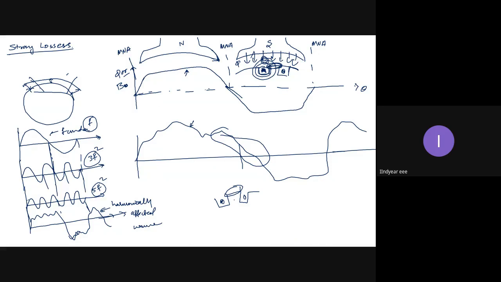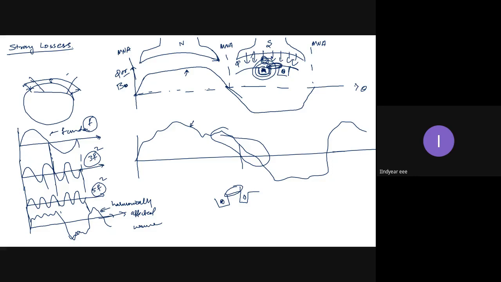Currents produced in this teeth are non-uniform. There will be additional eddy current losses in the teeth. These are also part of stray losses, and all these types of losses will occur only when the armature conductors start carrying current, that is, under load condition.